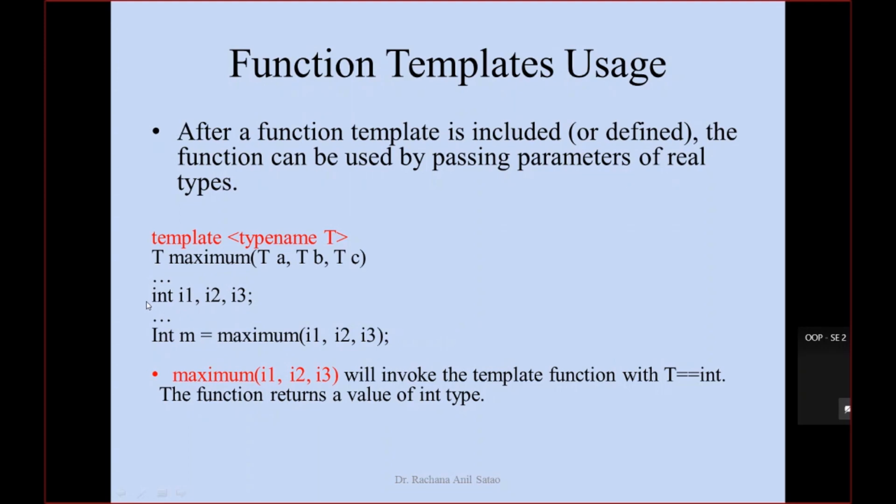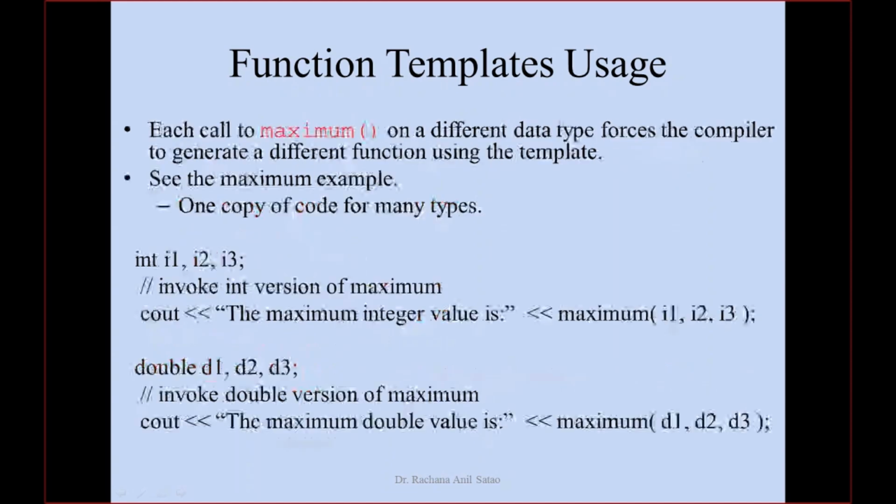Afterwards in the code I am declaring three variables i1, i2 and i3, and then I am passing them to the maximum function. Maximum of i1, i2 and i3 will invoke the template function with T as integer, and this function will return an integer value. Now we will see the complete code. This half part is a bit confusing, so I'll show you the complete code.